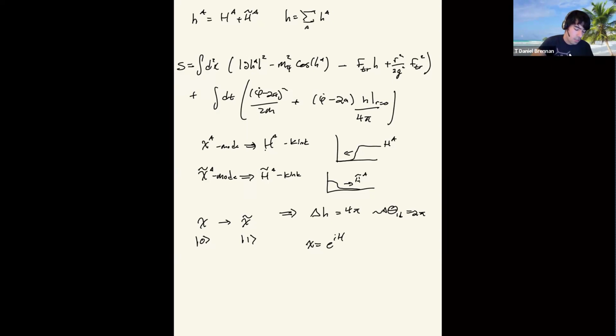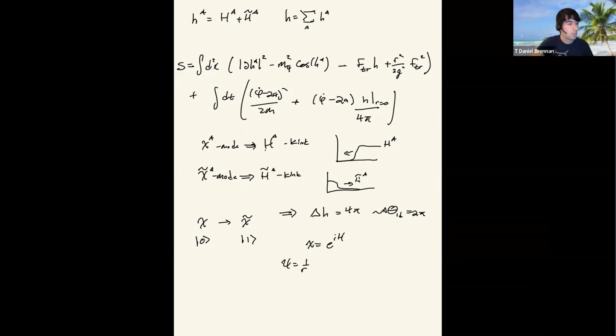We said psi has this 1 over r profile just because we're in spherical coordinates, times chi times some constant spinor. So if we just put H in here, it's literally the phase mode of our 4-dimensional spinor.